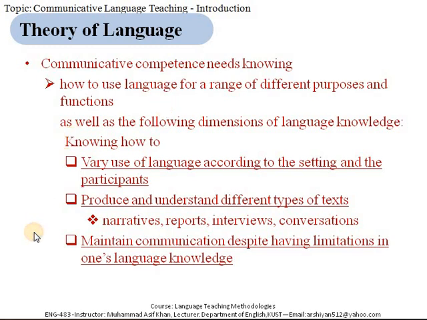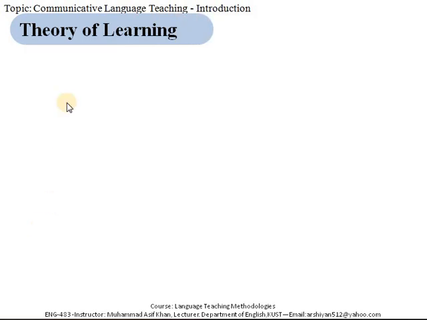So these are some of the characteristics of the communicative view of language. Now let's move towards the theory of learning, and I will give you a brief explanation of the theory of learning behind CLT.